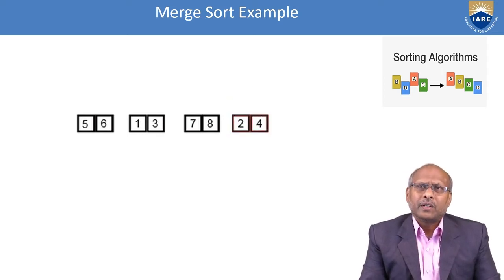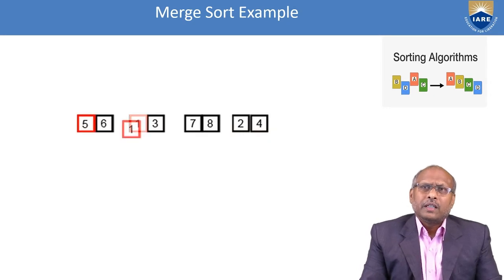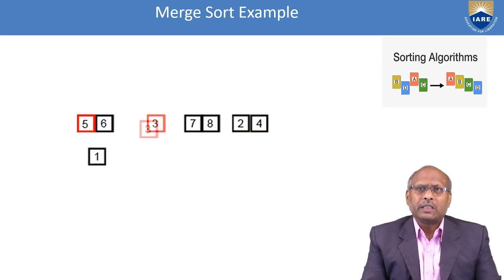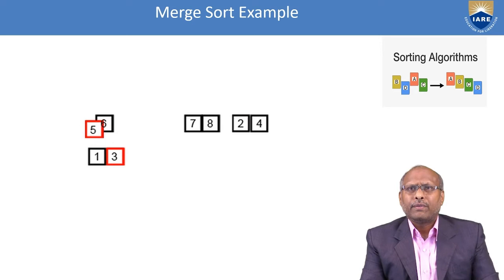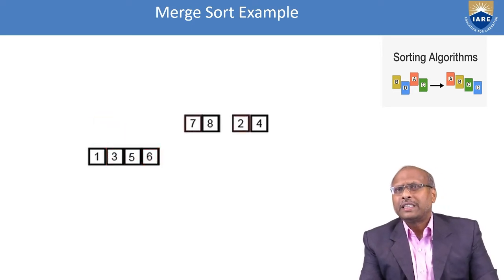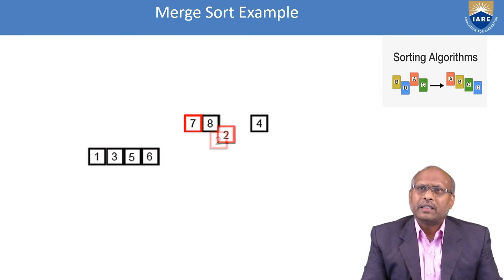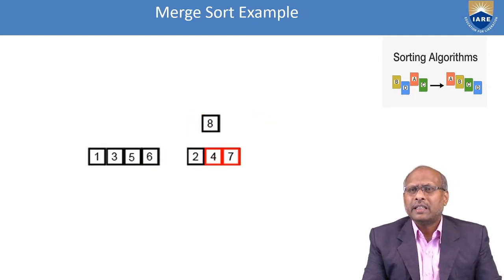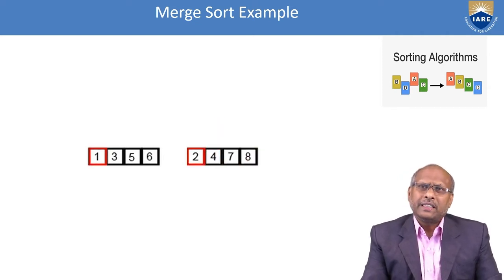So merging. Again, because these two belong to the same parent, 1, 3, 5 and 6 come into one half. Again this part will now merge: 7, 8, 2, 4. So 2 comes first, then 4, then 7, and then 8. Then it will merge these two.